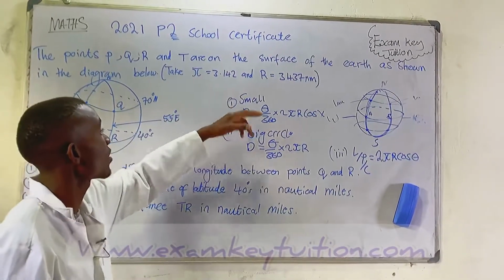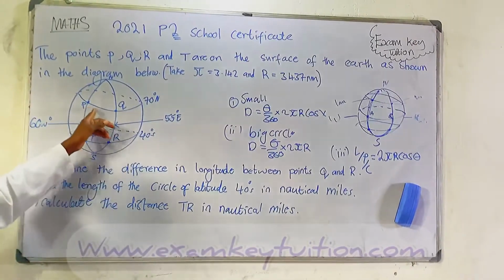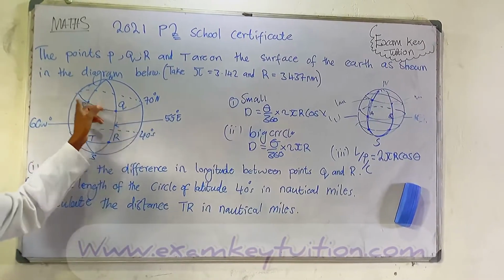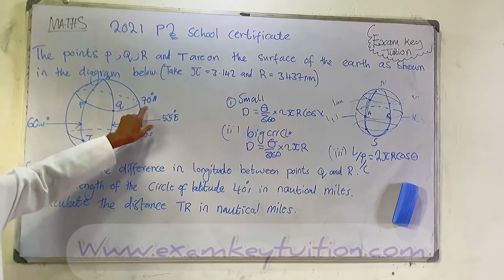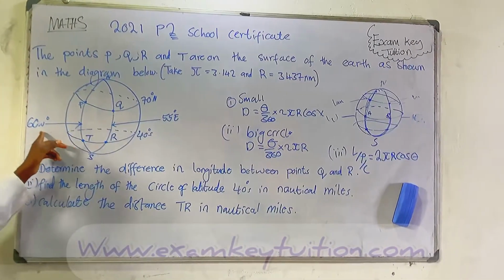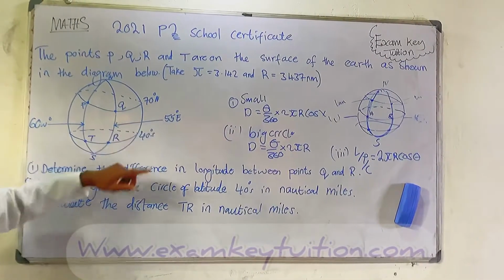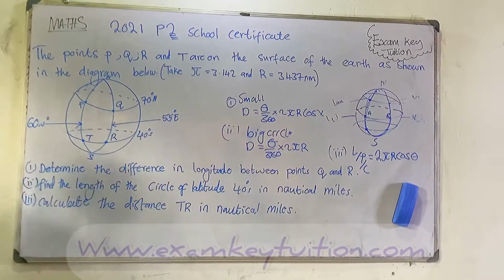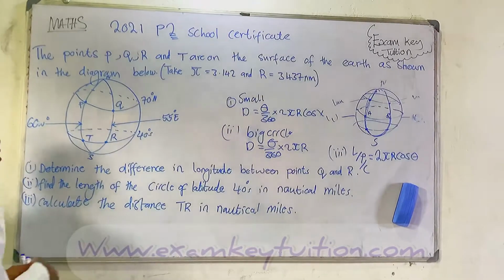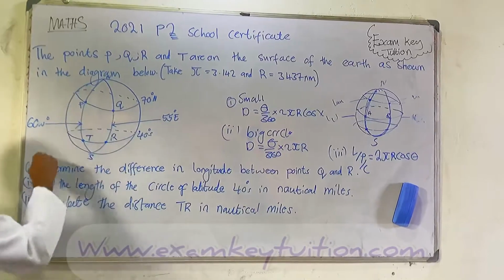Take pi as 3.142 and the radius of the Earth as 6437. Here you have P, here you have Q, here you have T, here you have R. P and R are on the latitude which is 70 degrees north. P is on the longitude which is 60 degrees west. R is on the same latitude line of 70 degrees north, with longitude 55 degrees east. Q is at 40 degrees south, with the longitudes of 55 degrees east and 60 degrees west.